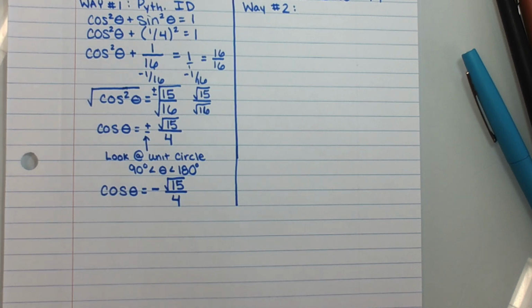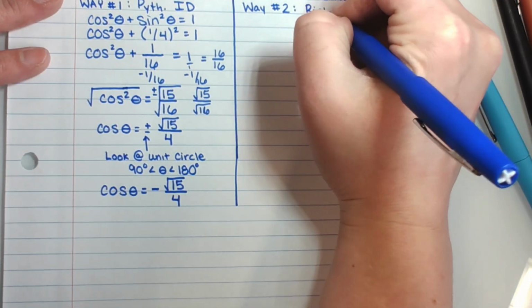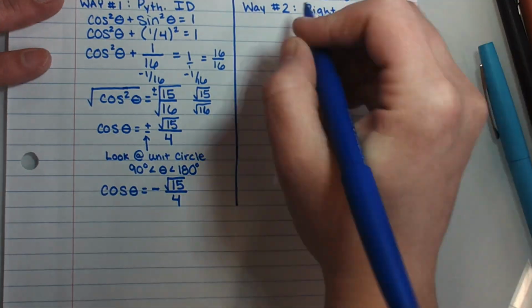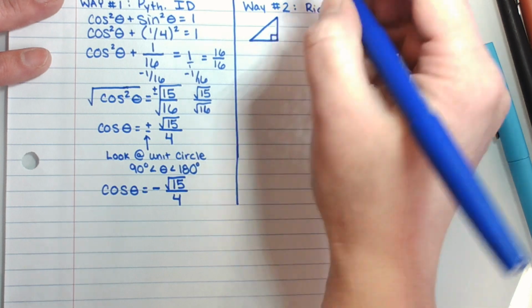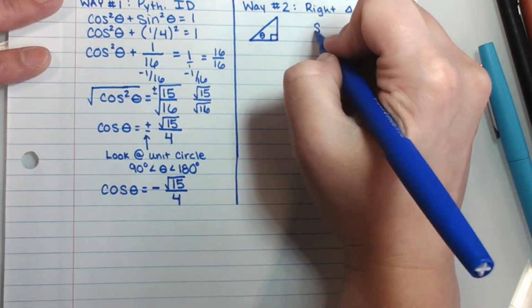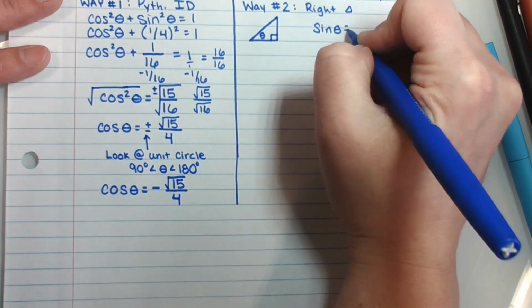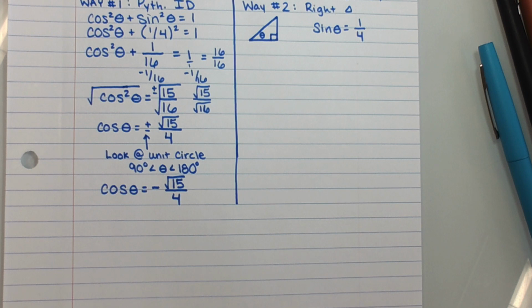That was the only real difference, because we hadn't yet discussed the unit circle, and we used a right triangle. We drew a little baby right triangle, called one of the angles theta and said, I know sine of theta is 1/4, and I also know that on a right triangle, sine is what over what?